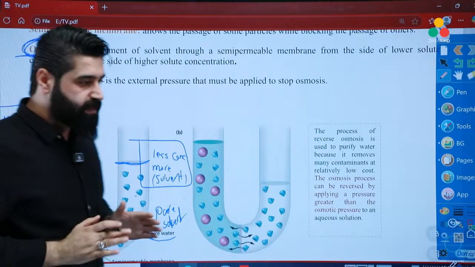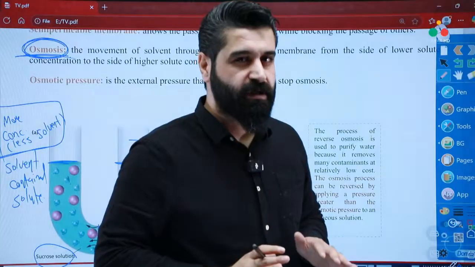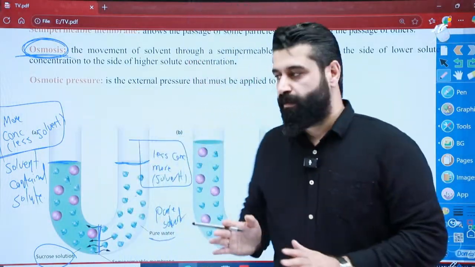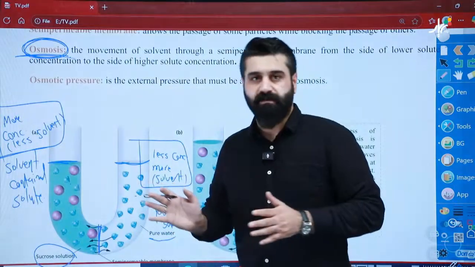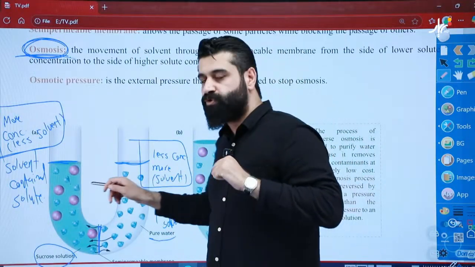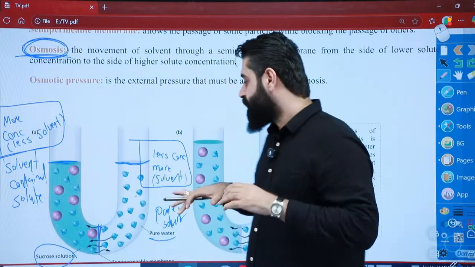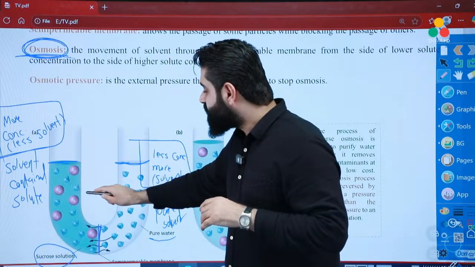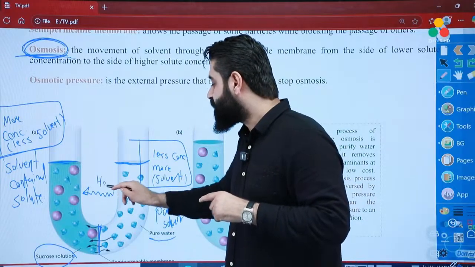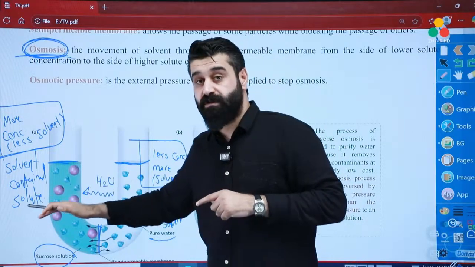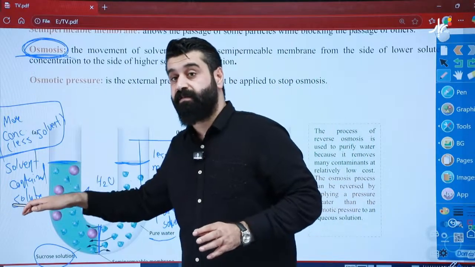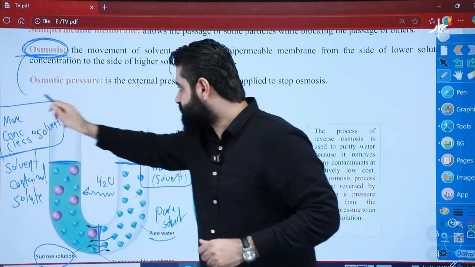So once we have two solutions separated by a semi-permeable membrane, one more concentrated than the other, water must travel from which side to which side? From less concentration to more concentration. Water travels from less concentrated to more concentrated, from the more solvent side to the less solvent side. This process is called osmosis.